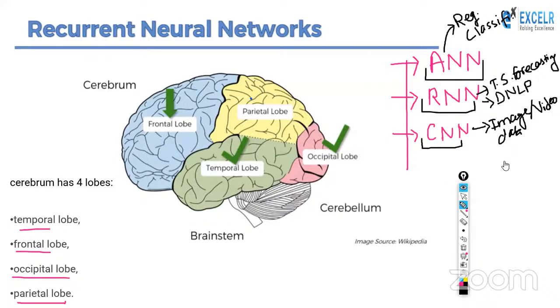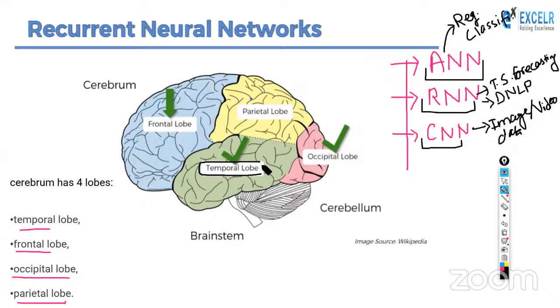So if you relate these 3 basic or typical neural network models with the functionality of our brain, you can find that the functionality of the temporal lobe in our cerebrum is similar to the ANN architecture. Or you can say in a reverse manner, the ANN architecture, by architecture I mean the functionality, is very much similar to the temporal lobe.